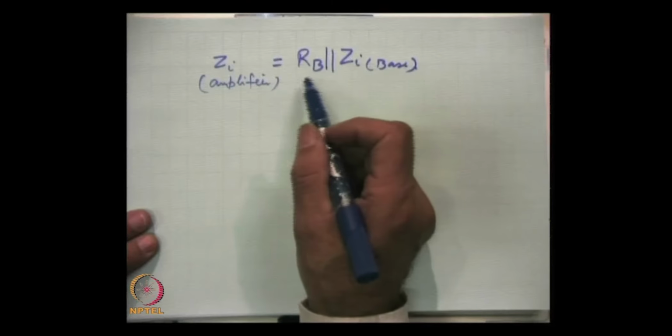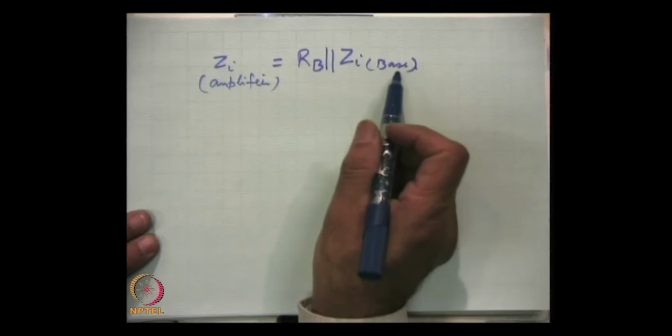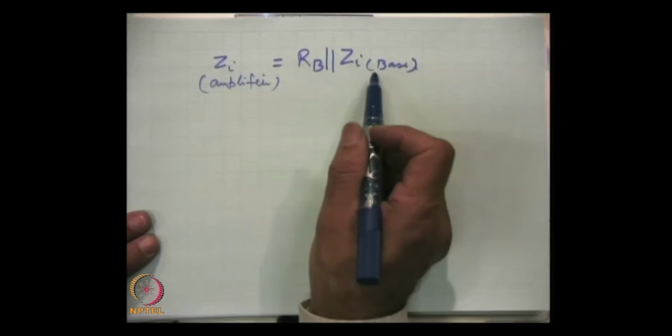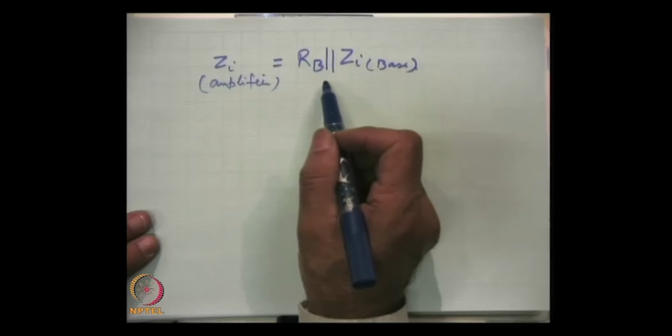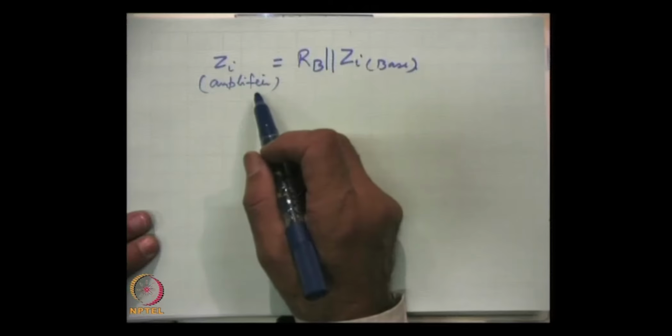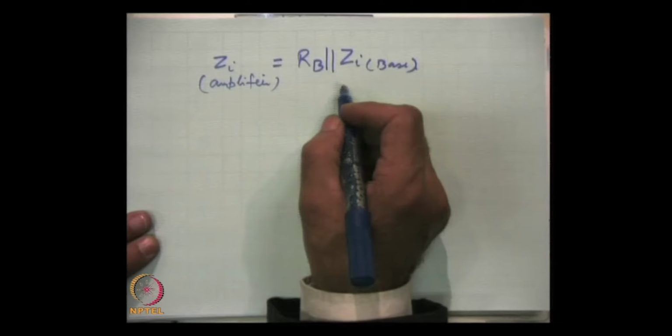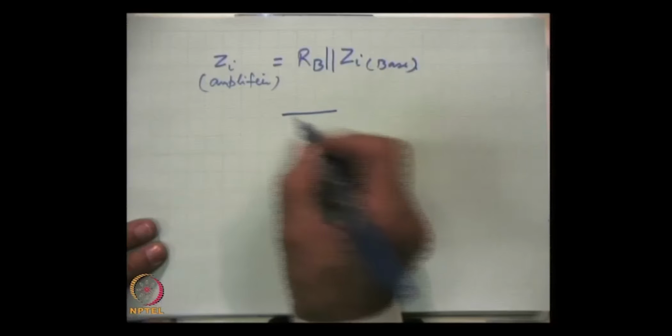Here because the two are in parallel, Z I base has to be high, only then this combination will give high amplifier input impedance. Remember, when two resistances are in parallel, the parallel combination results in an impedance less than the smaller resistance.